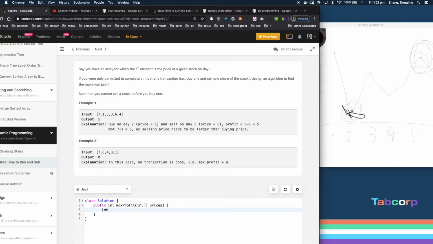I need a place to remember the price, so I define a min price. By default it is a big integer, the max value. When I loop, once I find a smaller one, I replace it. If the current price is smaller, then the min price is going to be replaced.